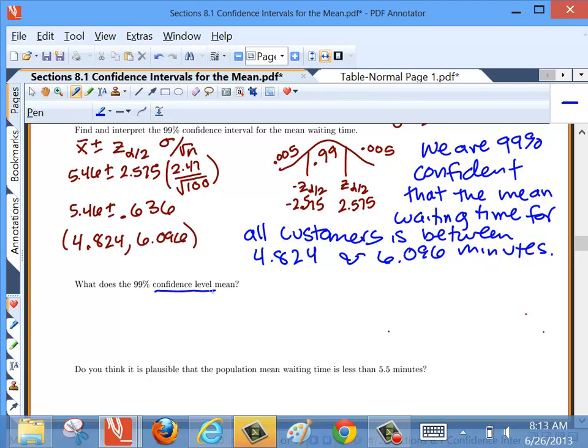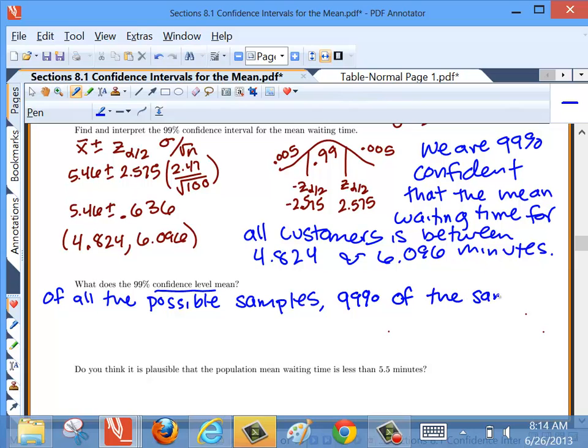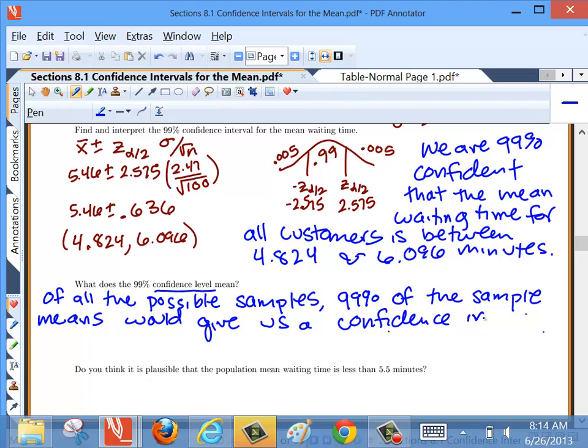So when we say this, it's of all the possible samples, 99% of the sample means would give us a confidence interval that contains the population mean mu.